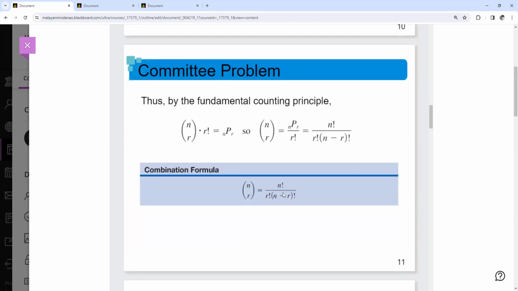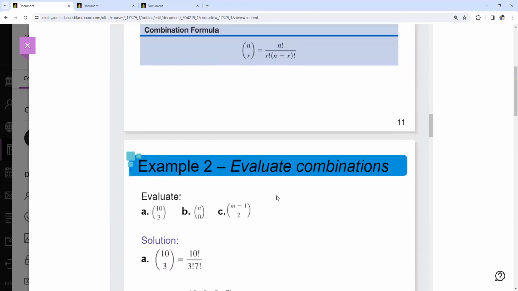This is the formula for when you want to solve for the combination: n factorial over r factorial times n minus r factorial. So it's quite similar to the permutation equation. If you remember the permutation equation, there's just no r factorial there. Okay?